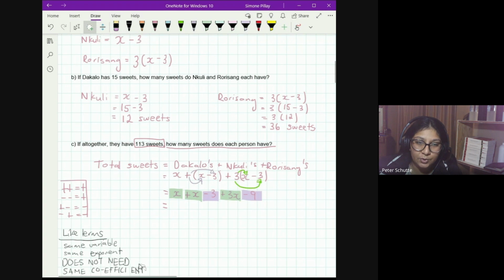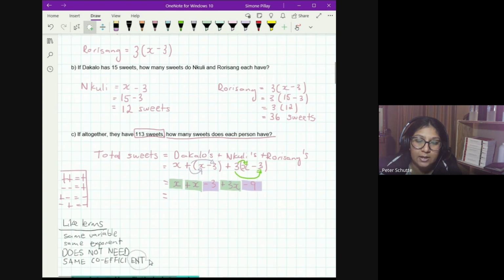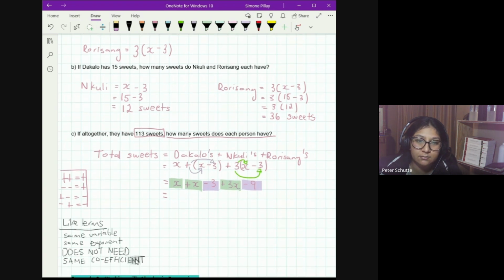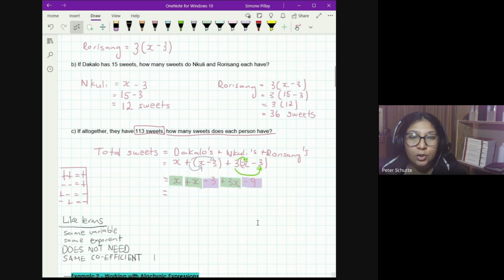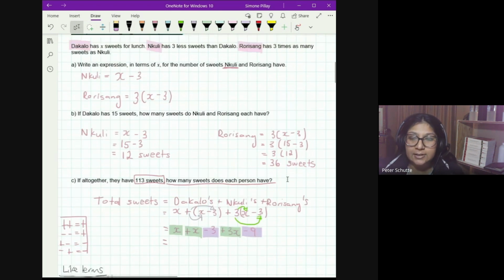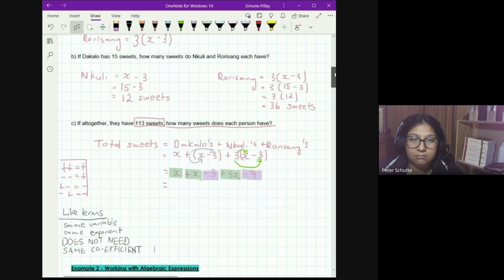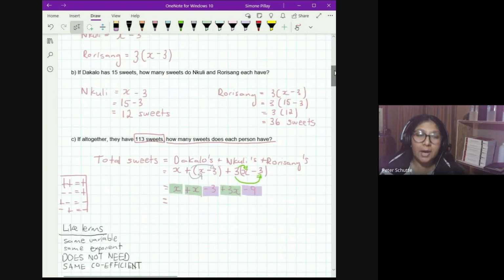So essentially, you thought that because it was 3x and it didn't have the same coefficient, it wasn't a like term. Am I right? Yes, ma'am. Right. But remember now that when we are dealing with like terms, very, very important, it only has to have the same variable and the same exponent.